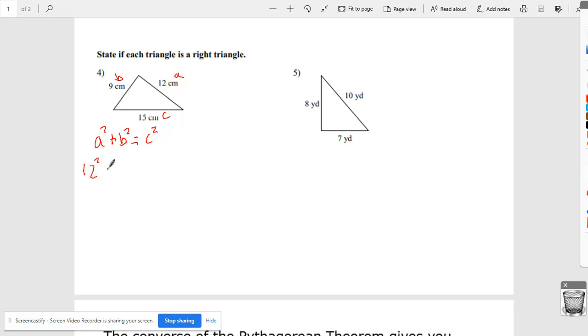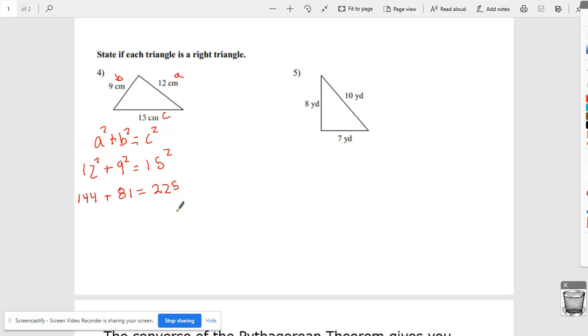So if we make this a and this b, then we can just plug in. Let's make sure 12 squared plus 9 squared has to equal 15 squared. And we know 12 squared is 144. We know 9 squared is 81. And we know 15 squared, we just found that out to be 225. Well, let's make sure 144 plus 81 is 225.